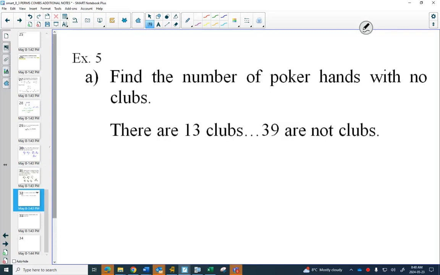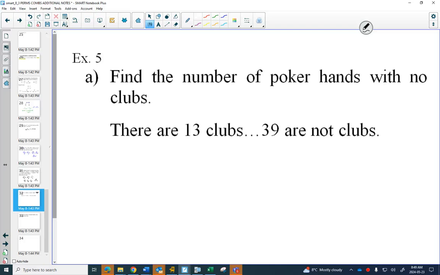But poker hands again. If I deal you 5 cards, you might get a club in the 5 cards that I give you, or you might not. What we want to do is count how many different ways I could give you 5 cards that there are no clubs in there at all.